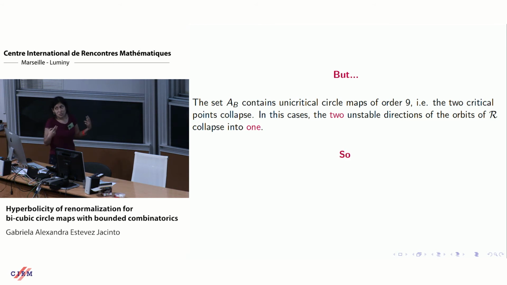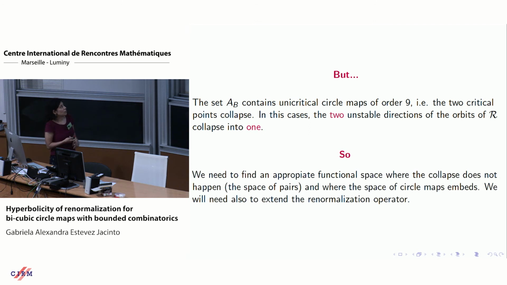So the idea is to generalize that result of Yampolsky. So we need to have the two unstable directions. What we are not seeing is that maybe in the unicritical case we don't see it, because we only have one critical point. But for more critical points, we need to find a functional space where that collapsing does not happen.